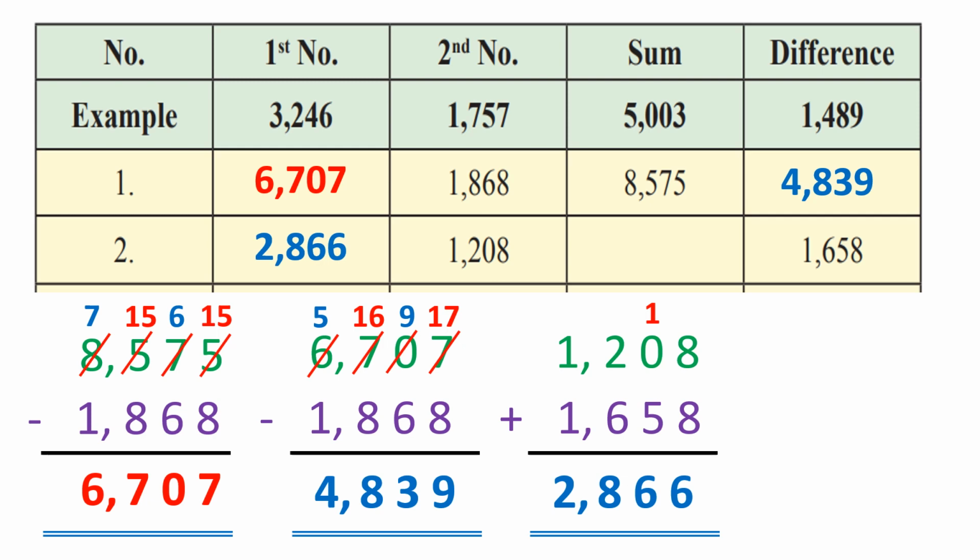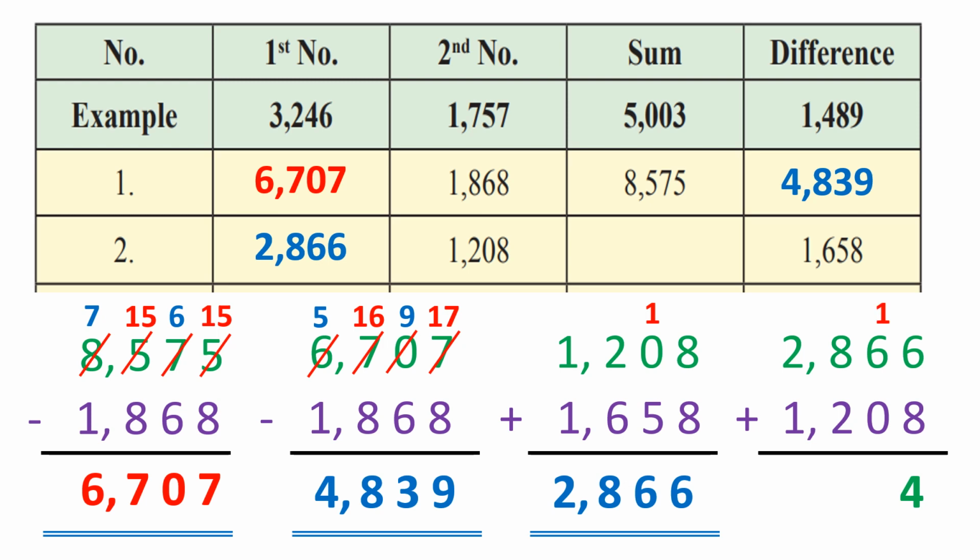Then you write here in the first number 2,866. Then to solve the sum, you add the first number and the second number. 2,866 plus 1,208. Okay, first 6 plus 8 is 14 and then carry 1. 6 plus 0 plus 1 is 7. 8 plus 2 is 10.